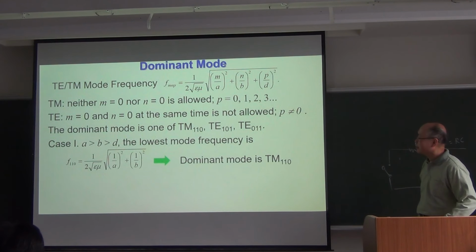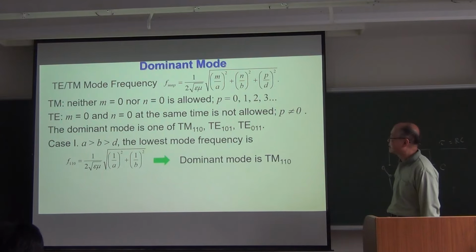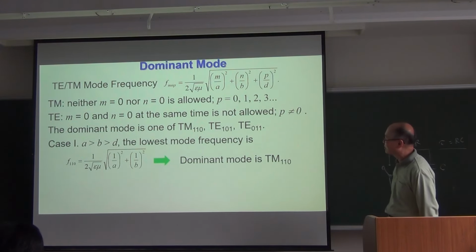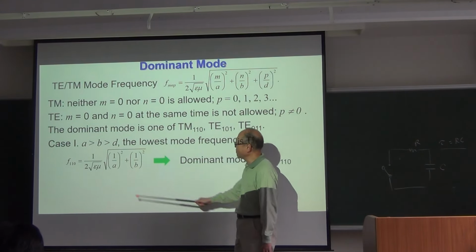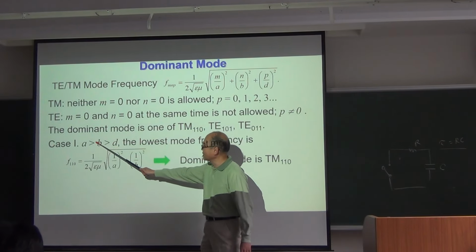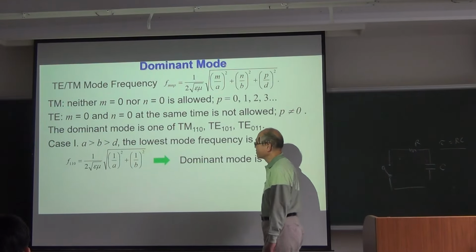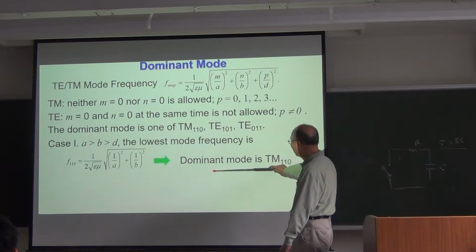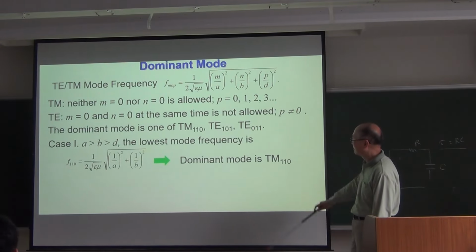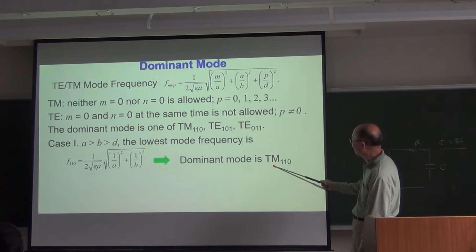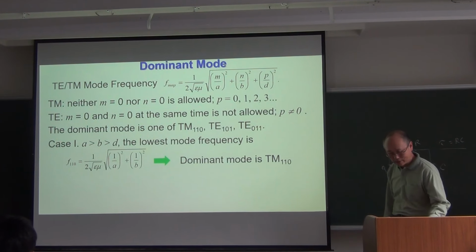So, for example, if I have a rectangular oscillator with a larger than b larger than d, a is the largest value. So this means that for the TM mode, you're going to have the dominant mode, that is TM110.